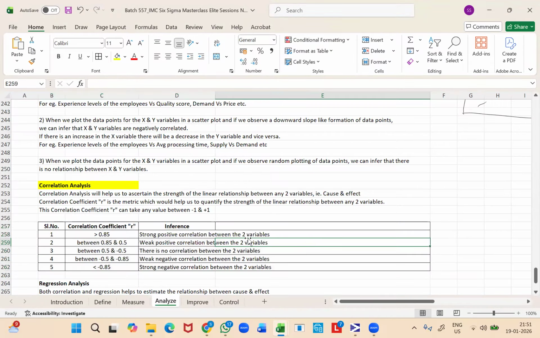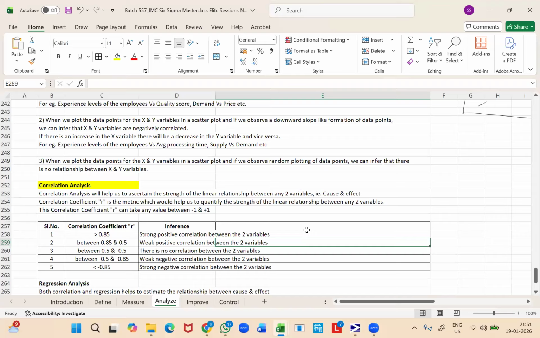You will be given the correlation coefficient value in the question and you'll be asked to infer, right? So you'll not be asked to perform any exercise pertaining to correlation analysis, but you'll be provided with the correlation coefficient value and you'll be asked to infer. So you can always refer to this table.